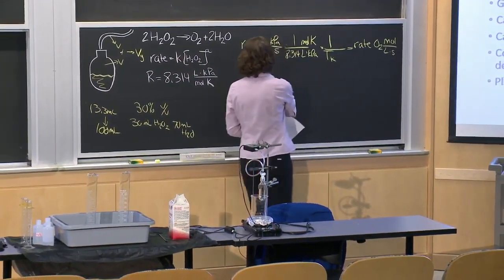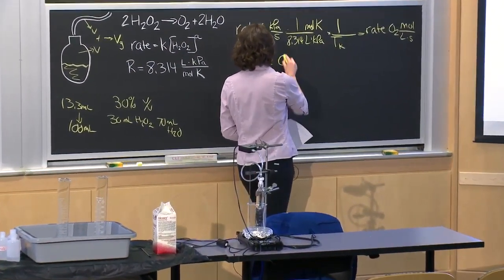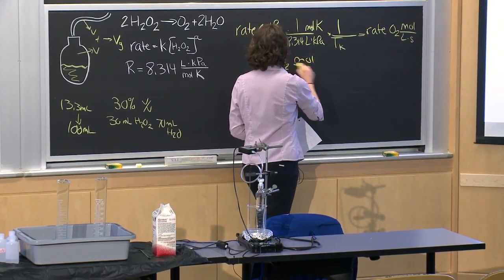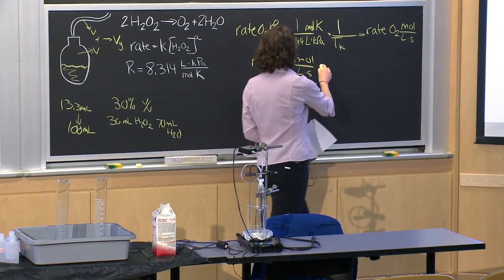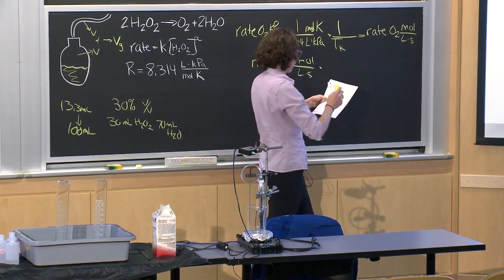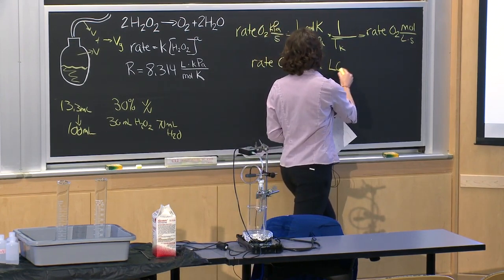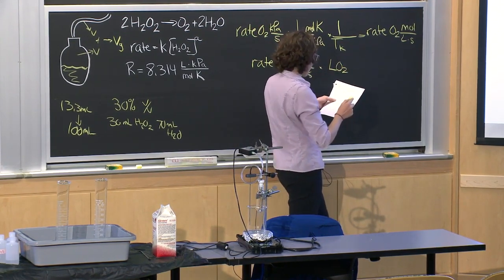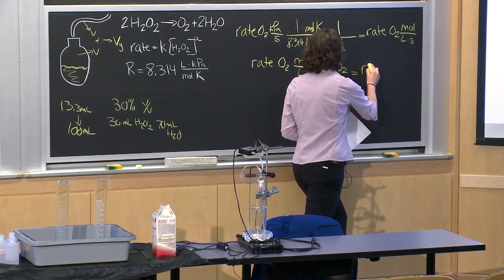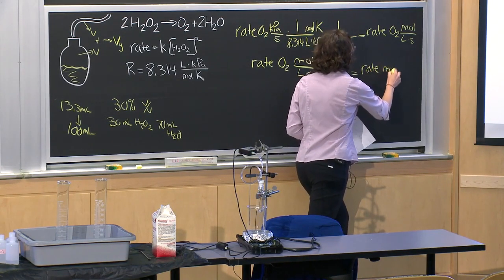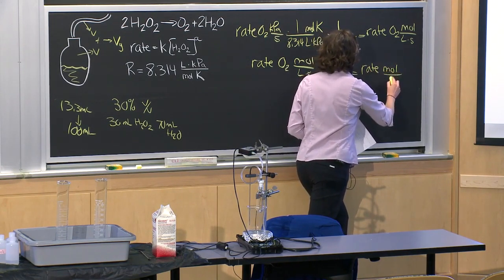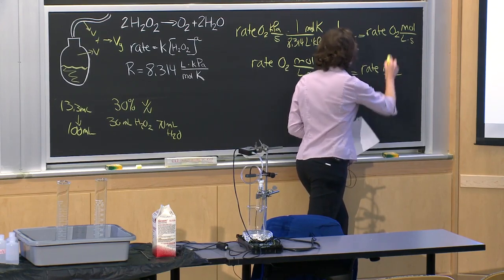So if we have our rate of oxygen formation in moles per liter per second, we can multiply that by our volume that we calculate, so liters of oxygen. And then we have our rate in moles of oxygen per second.